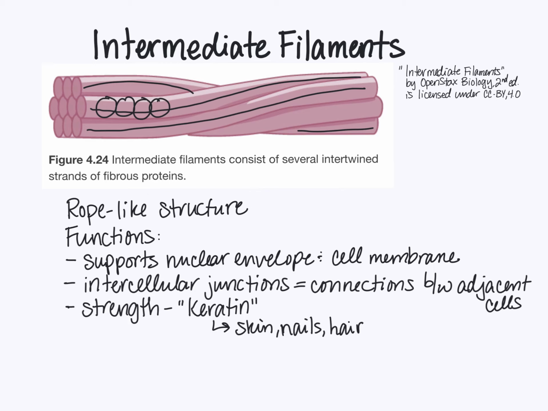It also makes up things like the horn of a rhino or the covering of a shell of a turtle. So it's a very versatile protein found throughout the animal kingdom, and it is a type of intermediate filament that helps to provide that strength associated with that structure.